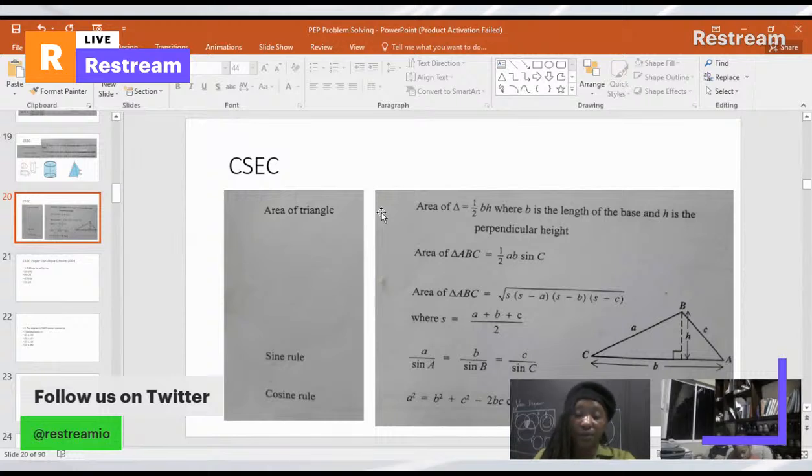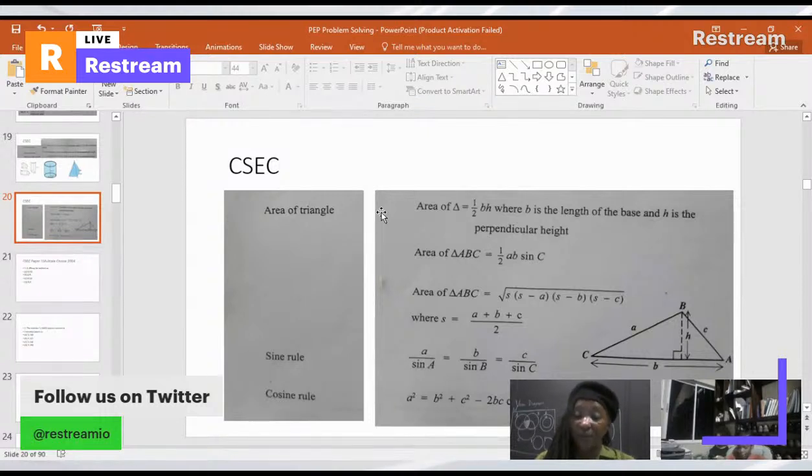So let's say you know the 3 sides, A, B, and C. The first thing you would do is to get the semi-perimeter, which is to add them up and divide by 2. Then you're going to subtract each side from the semi-perimeter, and those 3 answers that you get, you're going to multiply them by each other times the semi-perimeter. So that's 4 things being multiplied, and then you find the square root of that, which is long-winded.